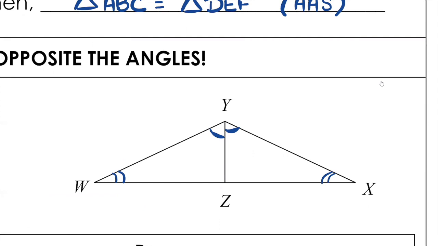All right, and then is there any other piece of information that we can write in that we know is true? Side. What side? The bisector is what? It's congruent, yep.